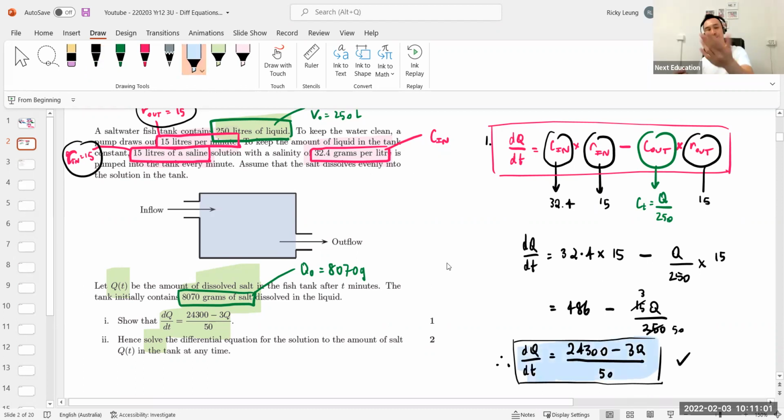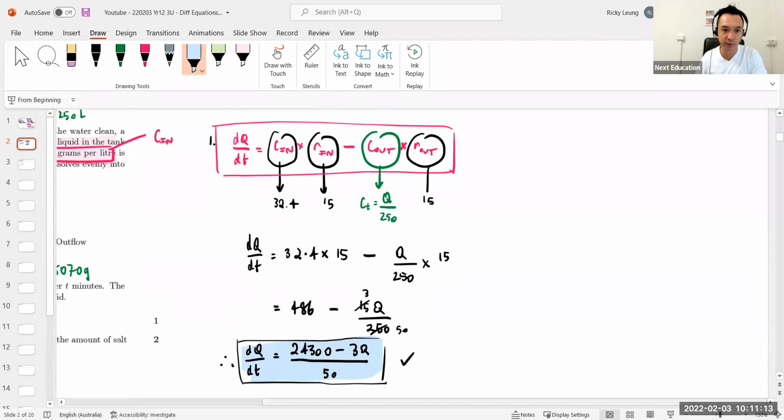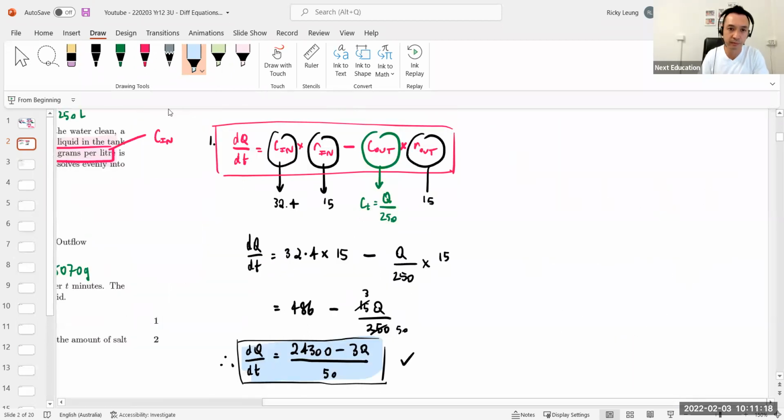Now, once you get part A, this is exactly the same as last week and the week before, where if we're trying to solve a differential equation given that, then we just do what we used to do, right? So let me go. Sorry, that's part i, and then part 2i.